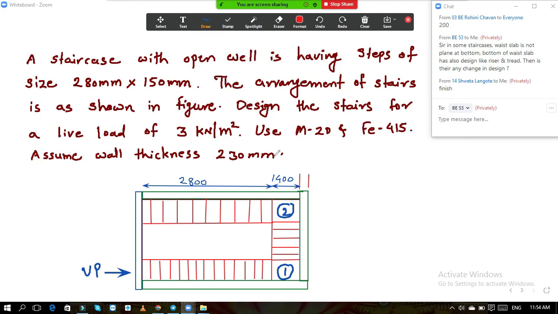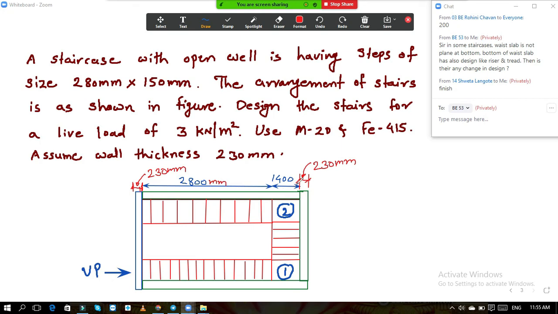Okay, you know that this is 230 mm. This side also the same thing is there. This is 230 mm. This is 2800 mm. All these dimensions are in mm.